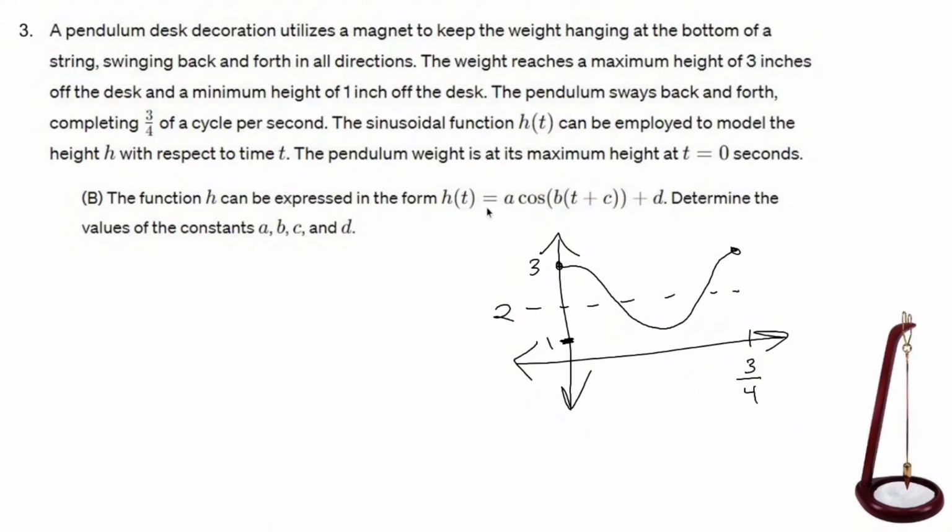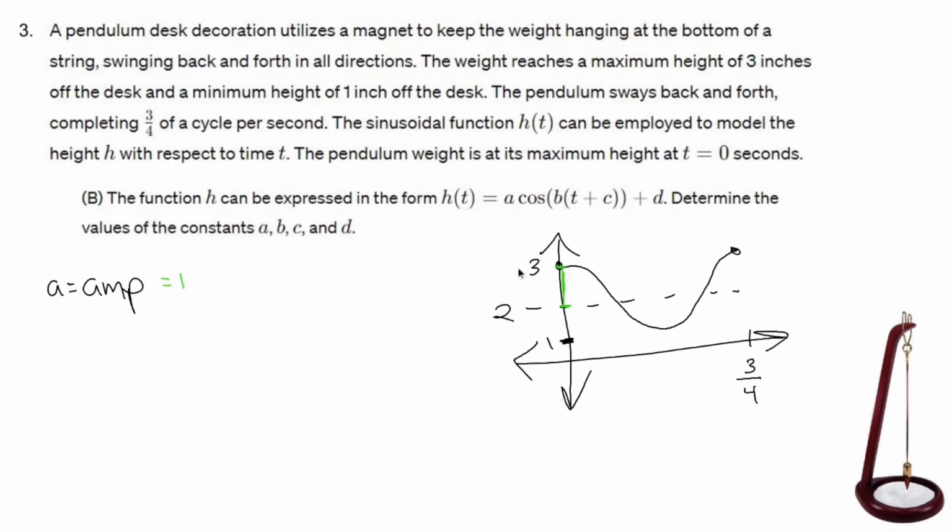Now, if you don't remember what means what here, A stands for amplitude. The amplitude is half the distance from the top to the bottom, or it's the distance from the midline to the top. The numbers are friendly enough where we could say the amplitude is just 1, and you would be correct.